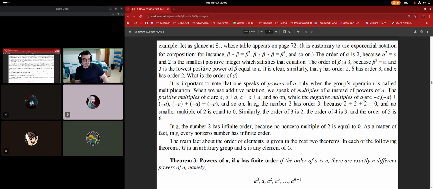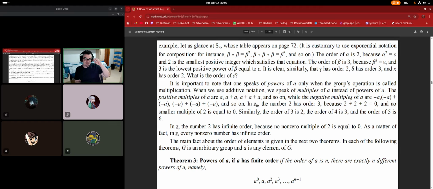And then in Z6, which is modulo 6 on integers, the number 2 has order 3 because if you use the operation addition 3 times on 2, you get the identity element.